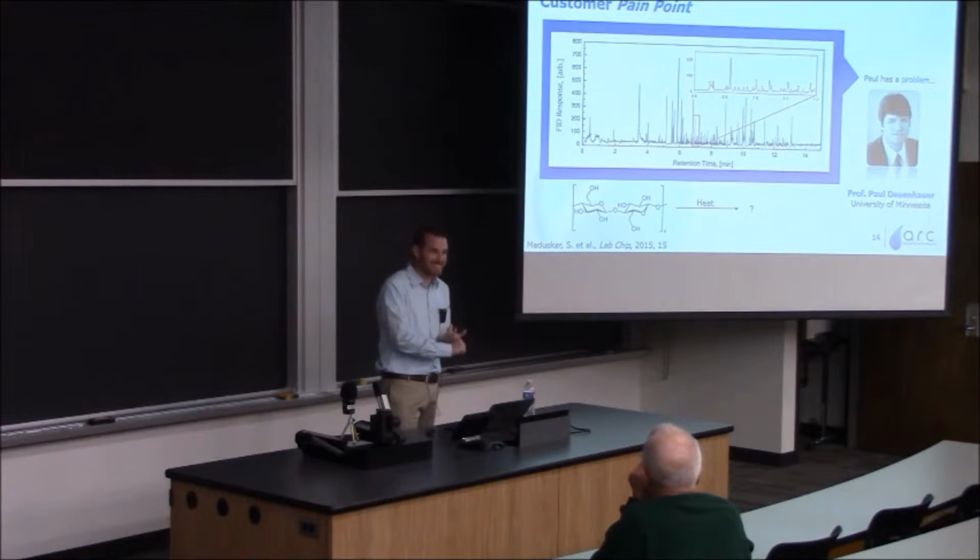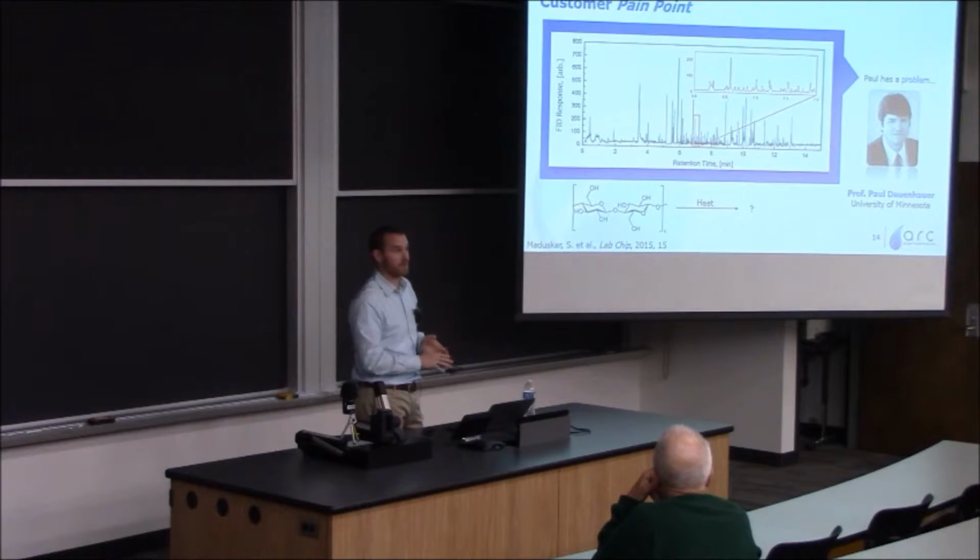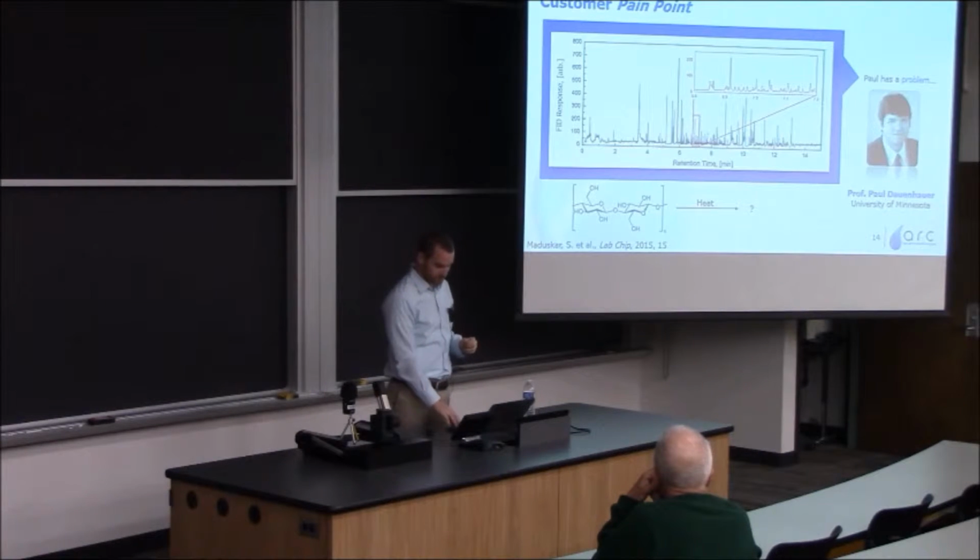So they needed to know what the identity of that peak was, what chemical compound, what the response was in the GC-FID, and then be able to integrate that peak and separate it so that they could actually quantify it.